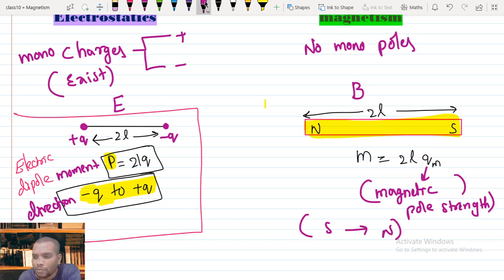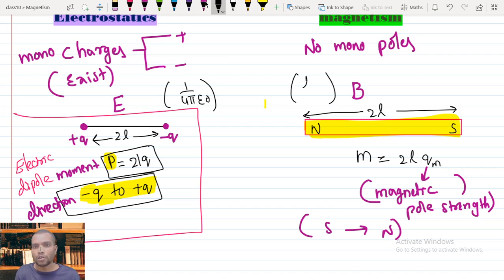That is the magnetic moment direction. Moreover, in electricity we used to use a constant as 1 over 4 pi epsilon naught. But when it comes to magnetism, that constant value will become mu naught upon 4 pi. You can understand this if you compare the derivations in both the cases.